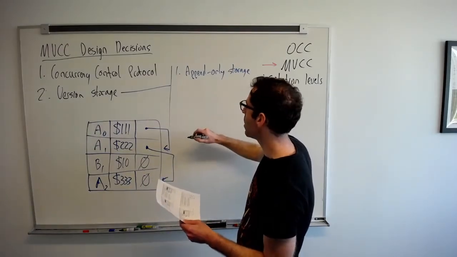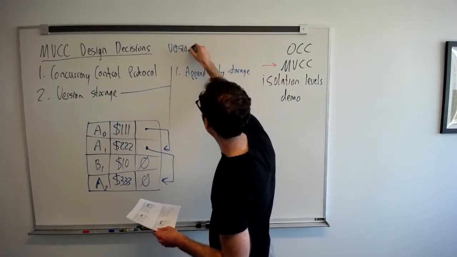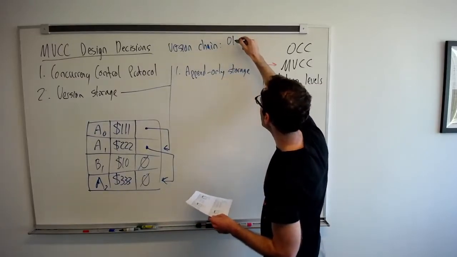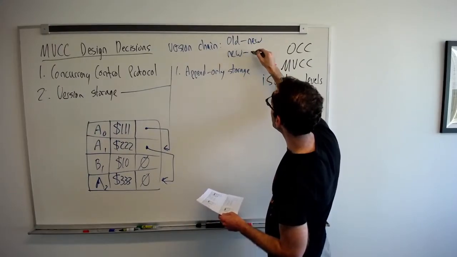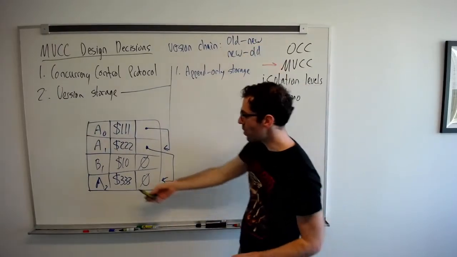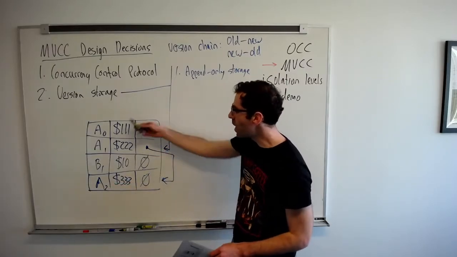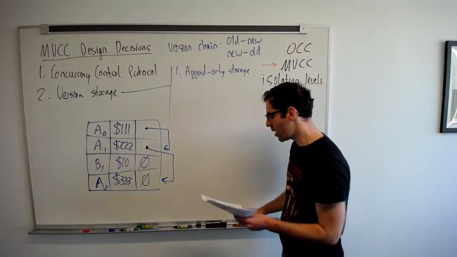Our version chain can be old to new. It can also be new to old. So we could have the start of our linked list be the most recent version, and then we go back to find the older versions.